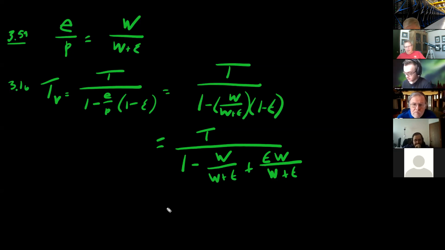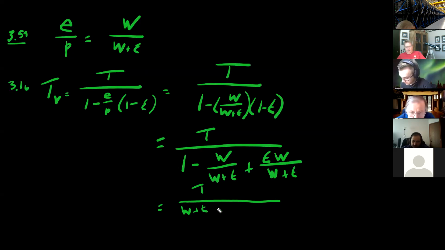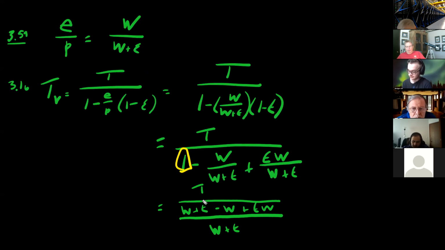No, I don't think I want to do that. I think I'm going to do T all over W plus epsilon minus W plus epsilon W all over W plus epsilon. So in other words, what did I do? I took 1 and I made it W plus epsilon over W plus epsilon.